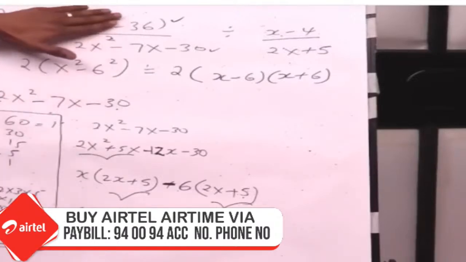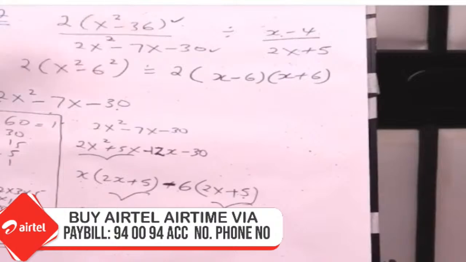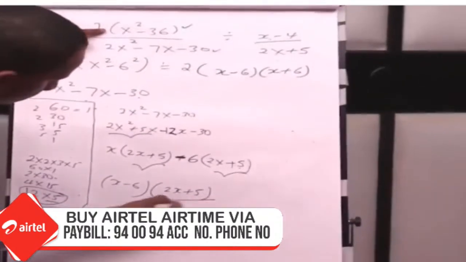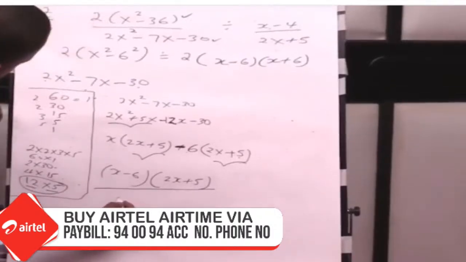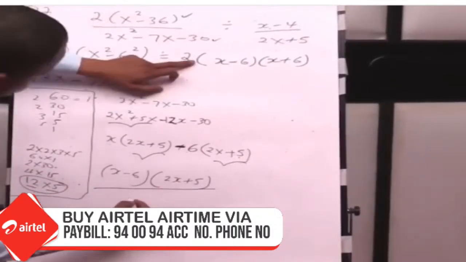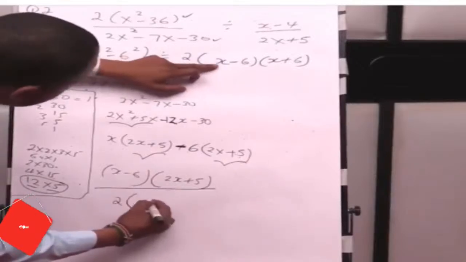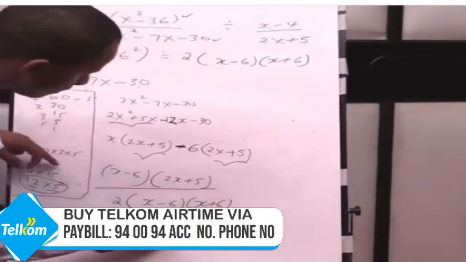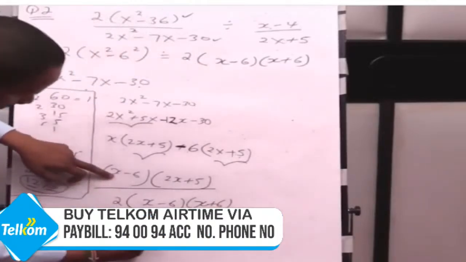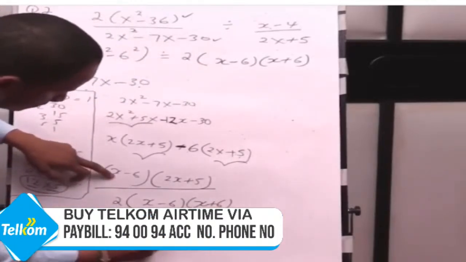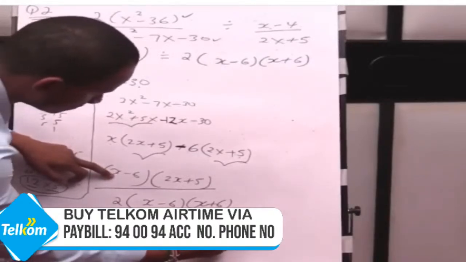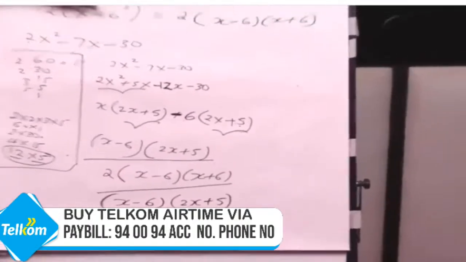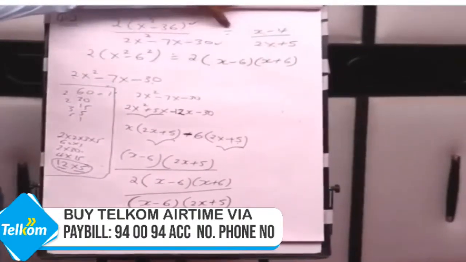Therefore, come back here, write it in simplified form. In simplified form, we had our first one as 2, the numerator, into x minus 6 into x plus 6. Then the denominator is x minus 6 into 2x plus 5. This is simplified. Then come here.